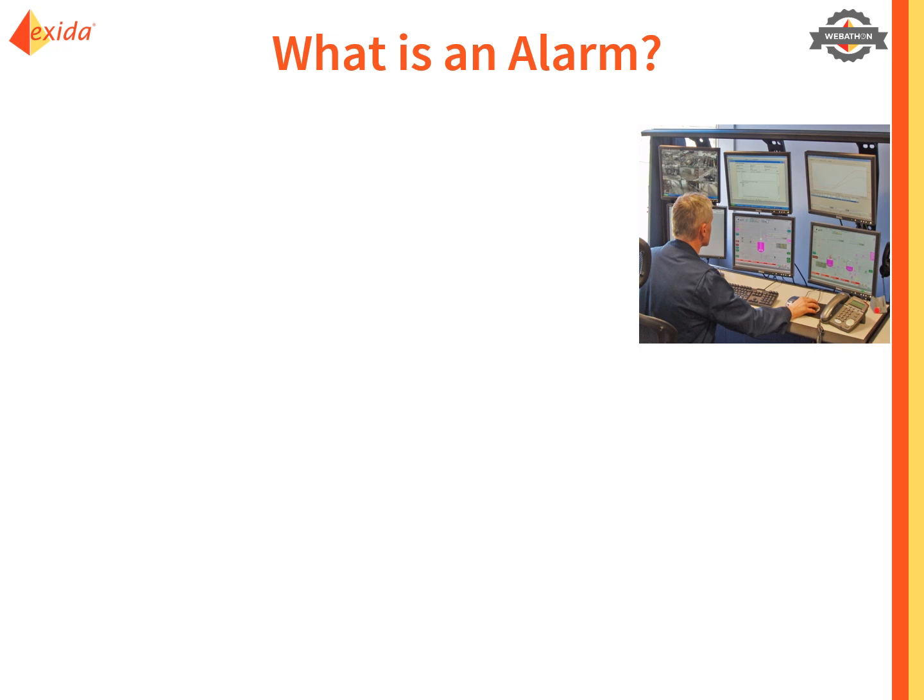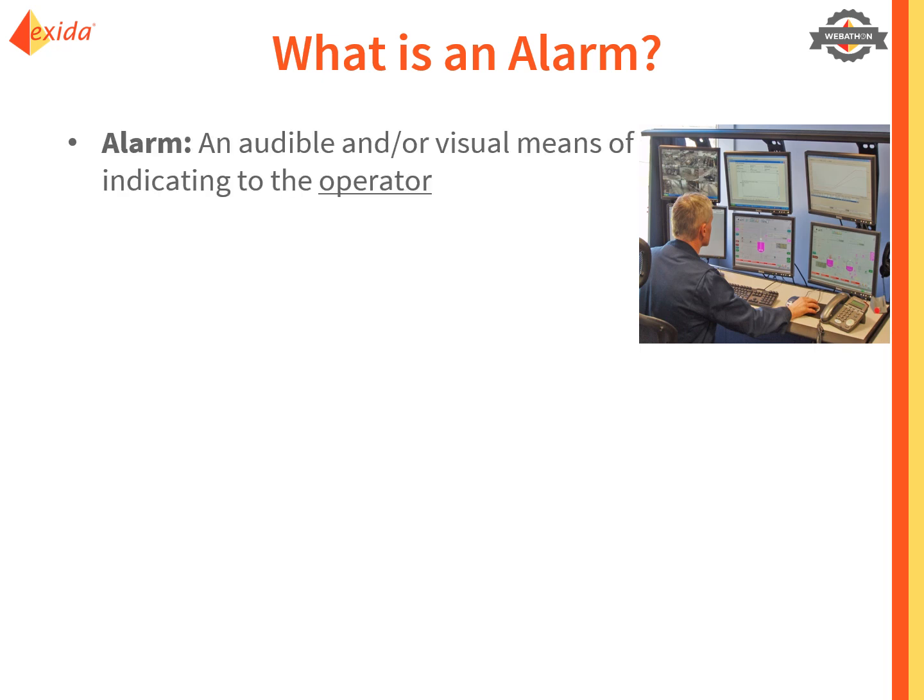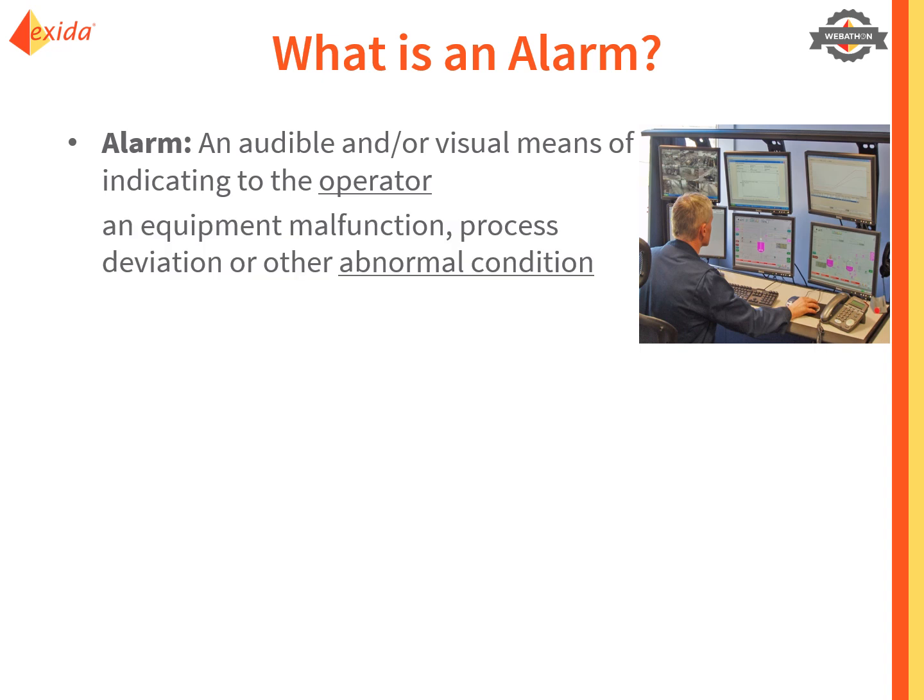So the master alarm database is where we want to record information about alarms. But what do we mean by an alarm? Well, ISA 18.2 and EEMUA 191 are clear on what constitutes a valid alarm. An alarm is an audible and/or visual means of indicating to the operator an equipment malfunction, a process deviation, or other abnormal condition that requires a timely response. And that's important.